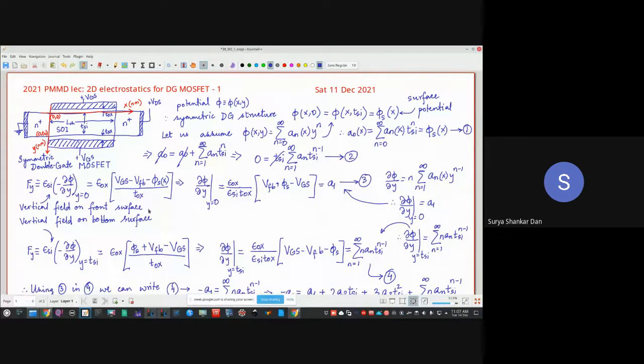As you can understand, this 2D DG MOSFET, whatever we are learning, is the state of the art. So 5 nanometer FinFETs also will have the same modeling approach as we have done today. But the circuit designs we will be doing in the next semester at 45 nanometers, because the 45 nanometer library is the one which we have.